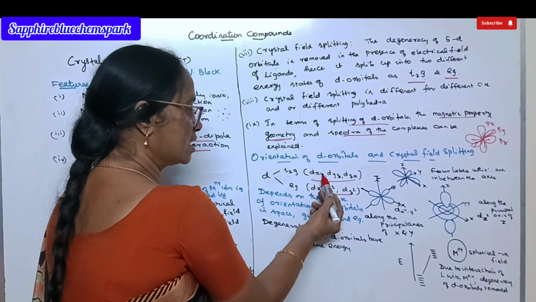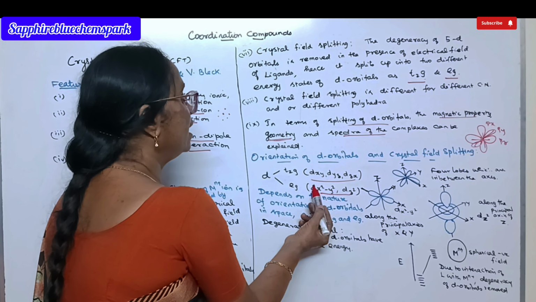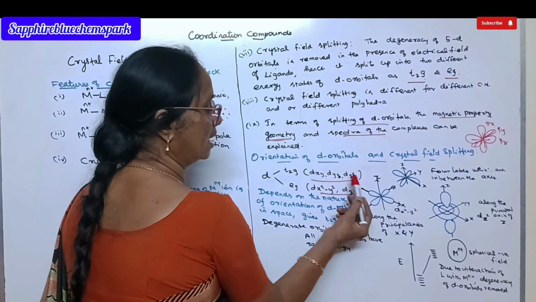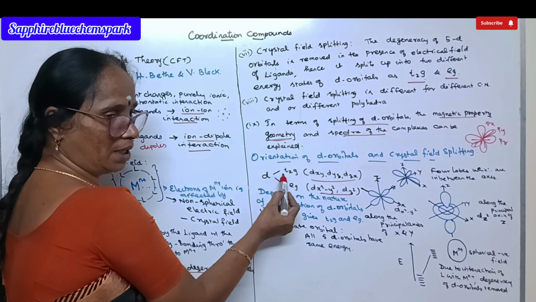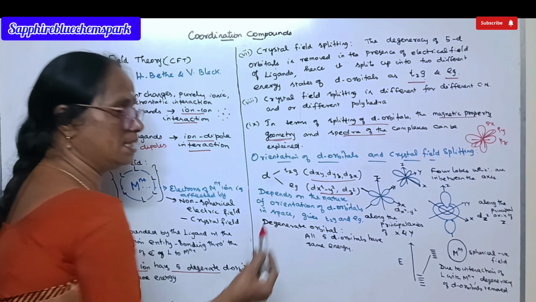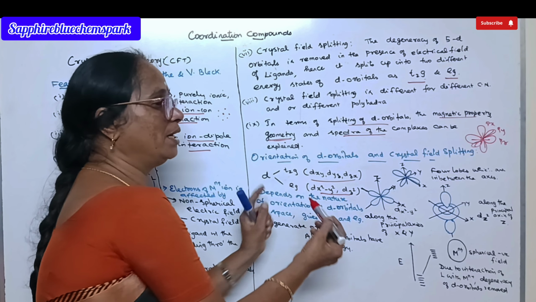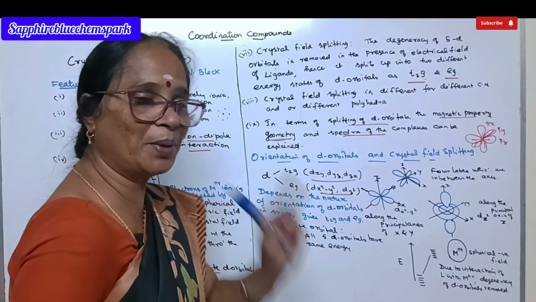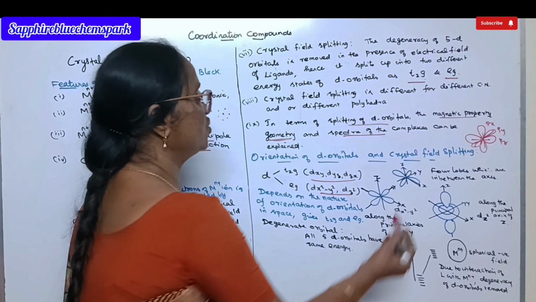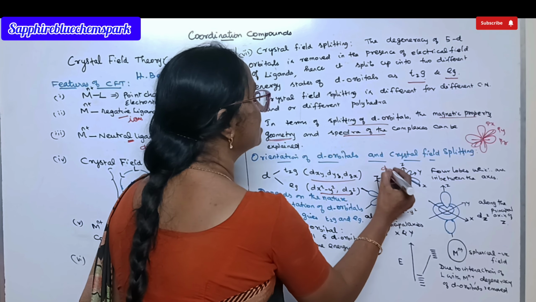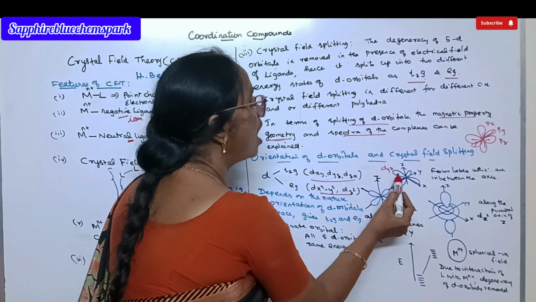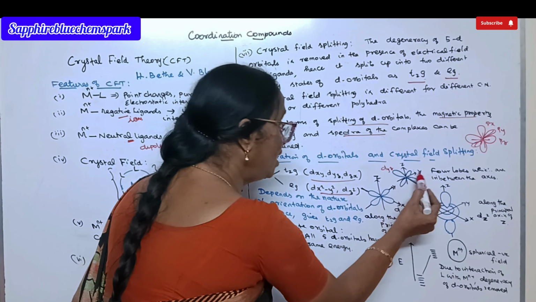Those are dxy, dyz, dzx, dx square minus y square, and dz square. dxy, dyz and dzx are grouped as T2g orbitals, and dx square minus y square and dz square are grouped as Eg orbitals. How are these 2 types given for the d orbitals? It depends upon the orientation of the lobes along the coordinate axes. Take the dyz orbital: it has 4 lobes, all lying in between the axes.